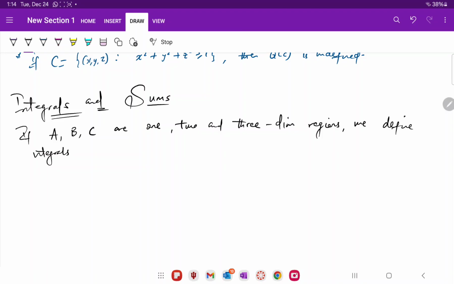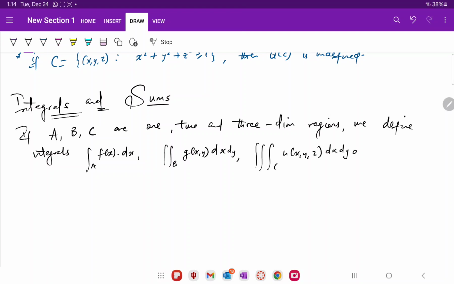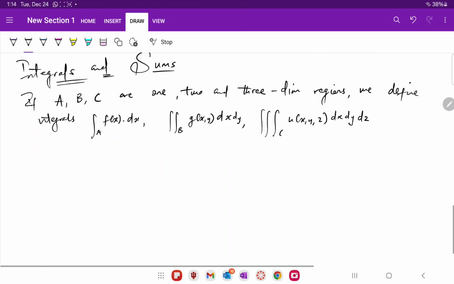for 1 dimension to be the integral over A of f of x dx, for 2 dimensions the integral over B of g of x comma y dx dy, then for 3 dimensions the integral over C of h of x y z dx dy dz.